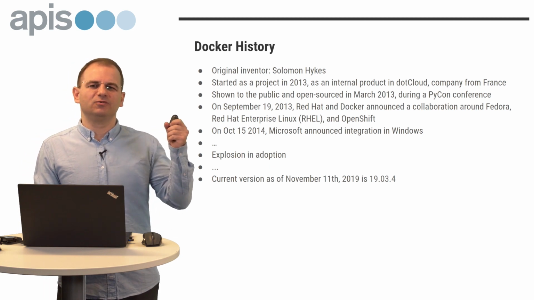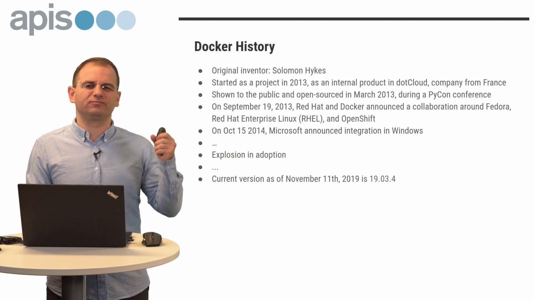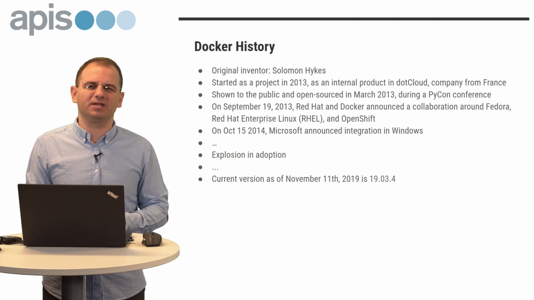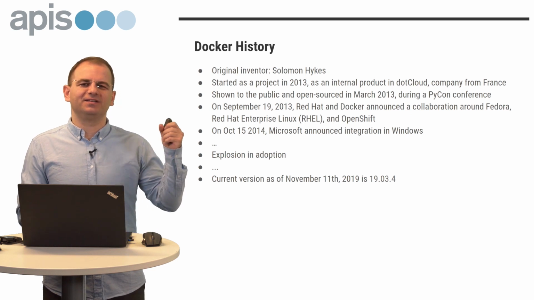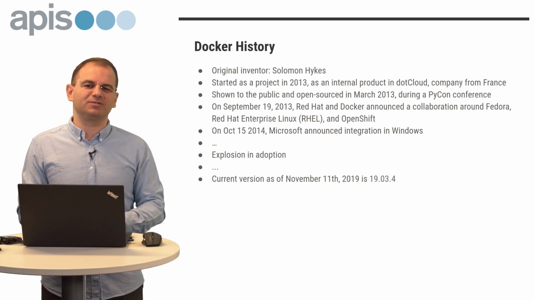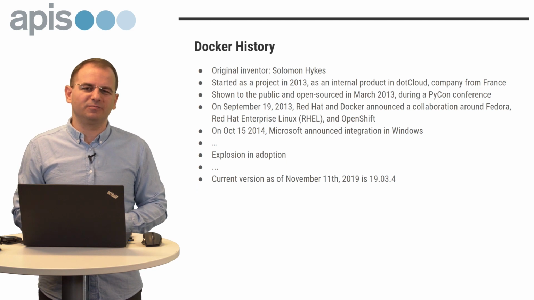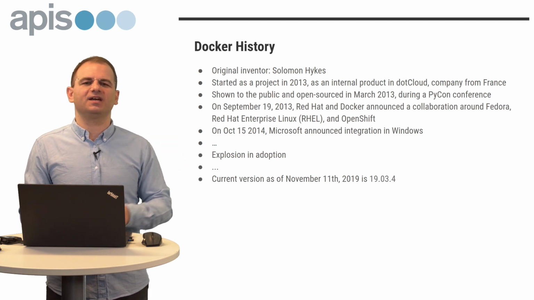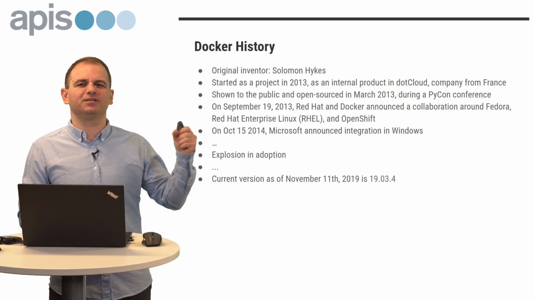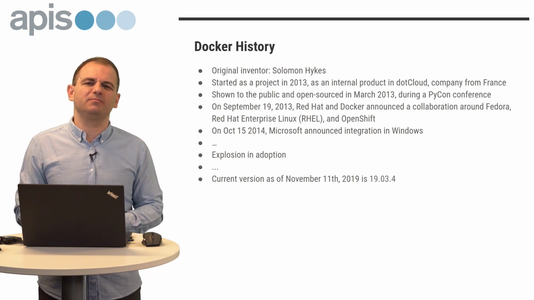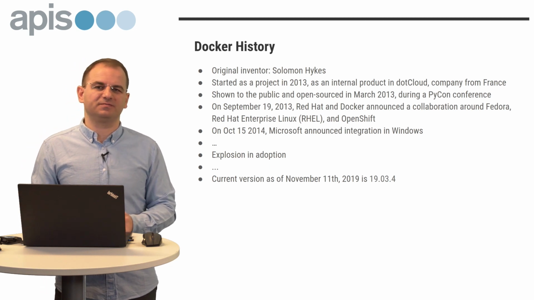Things started moving on quickly after that, so a lot of big name companies started noticing this technology, and right around September, so 6 months after it went open source, Red Hat decided that it's going to collaborate with Docker and integrate it with its products, namely Fedora, Red Hat Enterprise Linux, and OpenShift.